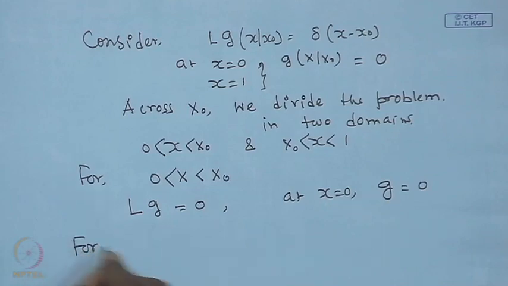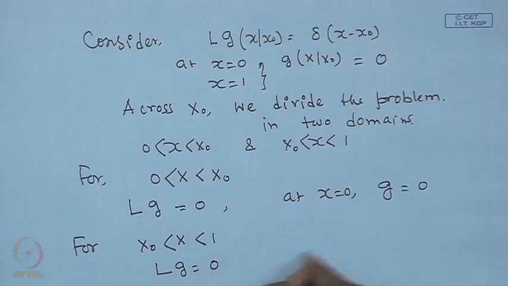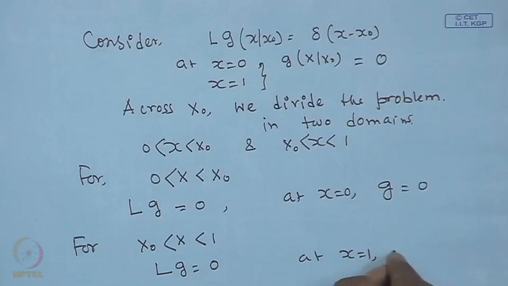For x lying between x naught and 1, we have L g is equal to 0, and at x is equal to 1, g is equal to 0.